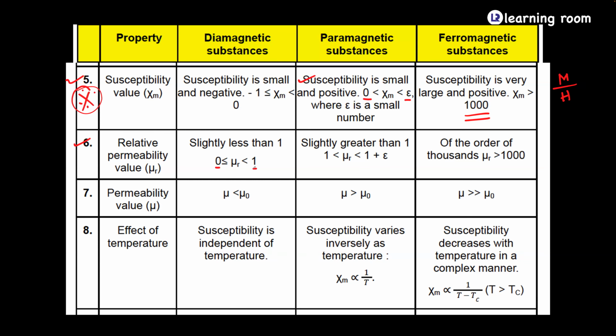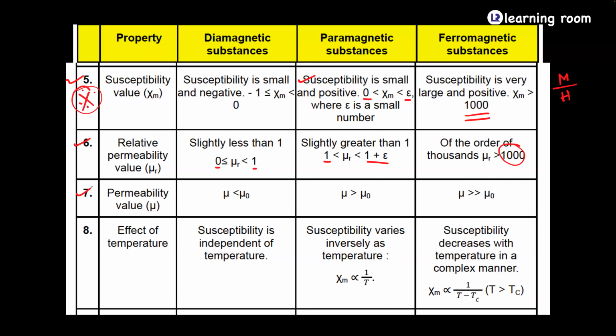Whereas for a paramagnetic substance, it is going to be slightly greater than 1. That's it. So 1 plus epsilon means it's going to be a very small value. But the relative permeability of a ferromagnetic substance is going to be greater than 1000. Means compared to vacuum, it is 1000 times more ready to get magnetized. That is the meaning. Okay.